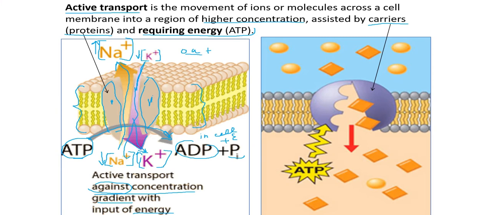So this is the carrier. These rhombus-shaped molecules here show potassium. This is our potassium. And we have a high concentration of potassium already inside of the cell.